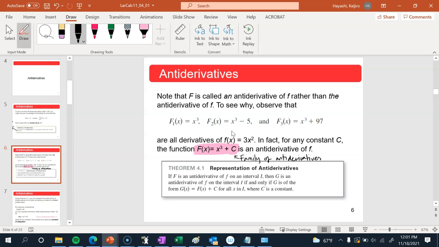It's just saying that, if you come up with one antiderivative, you can just add any constant or subtract any constant to get another antiderivative. They're all different to each other just by whatever constant they have at the end.